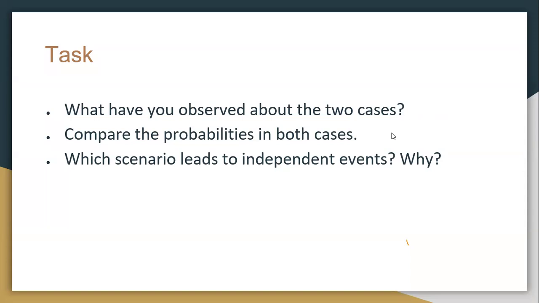I've observed that in the two cases, every time you take out a ball in the second case, the number in the sample space reduces, unlike in case one where when you pick a ball and you return it, the sample space still remains the same. Okay, good. I hope members have heard that one clearly.